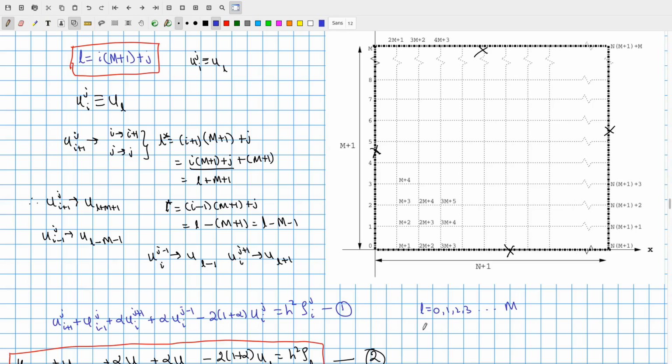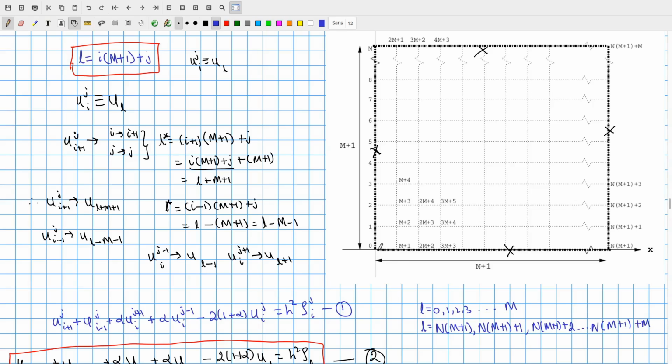So this boundary condition is going to be L equal to n of m plus 1, n of m plus 1 plus 1, n of m plus 1 plus 2, going on up to the final term, n of m plus 1 plus m, because there are total of m terms. So these are the two boundary conditions we wrote.